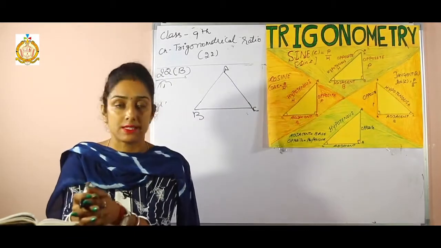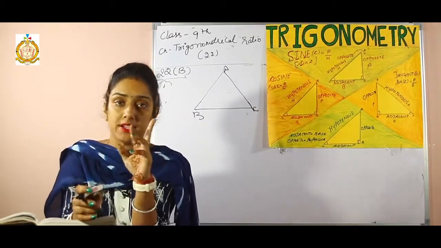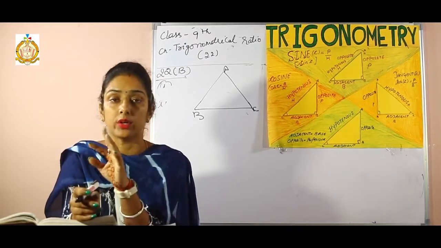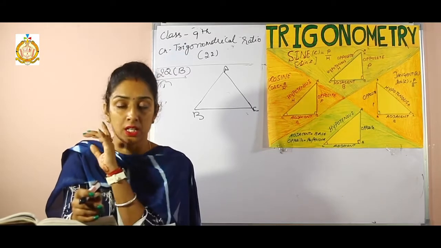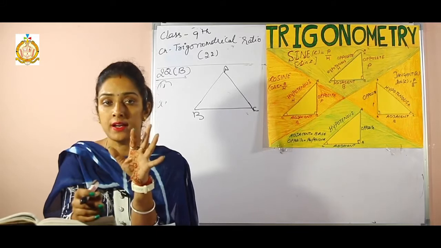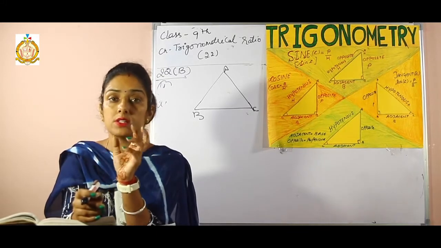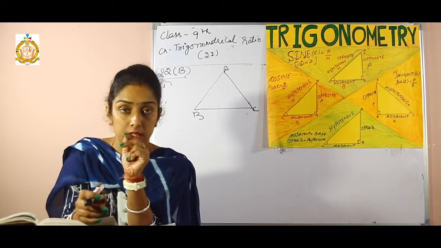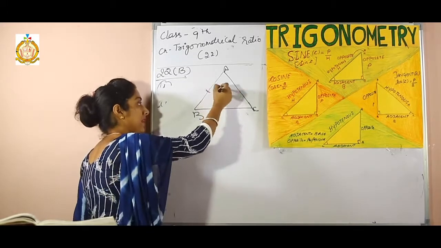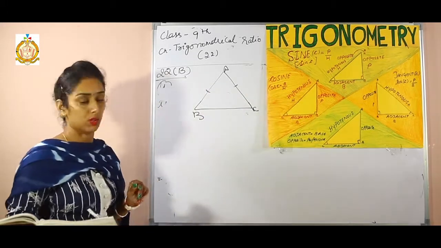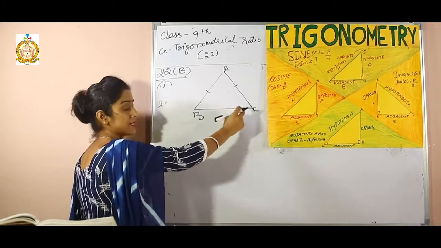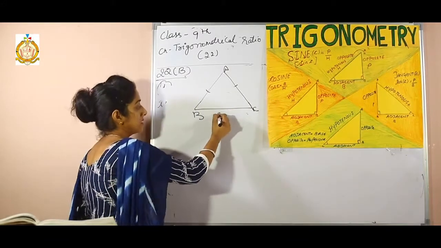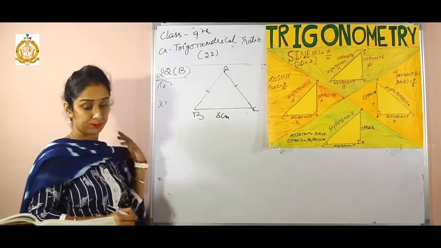An isosceles triangle is a triangle having two sides equal. In an equilateral triangle, all sides are equal. In a scalene triangle, no two sides are equal, and in isosceles triangles, two sides are equal. So this side and this side are equal, and this is ABC, and BC is 8 centimeter.